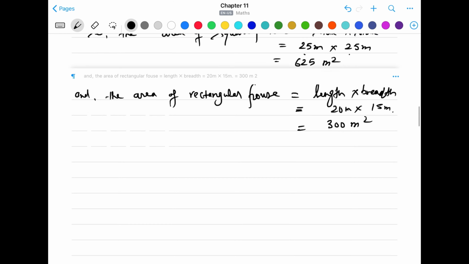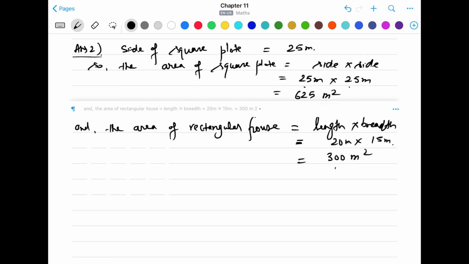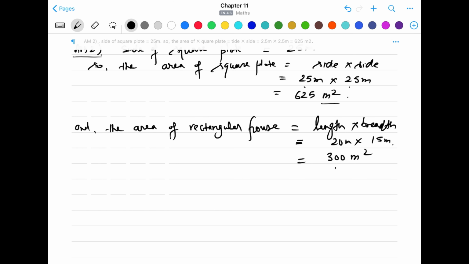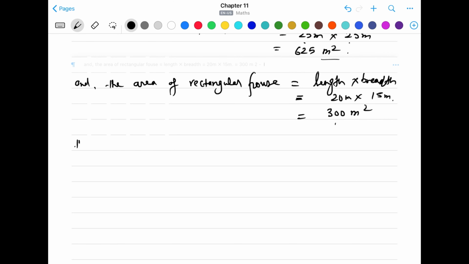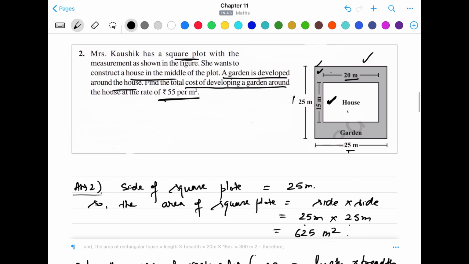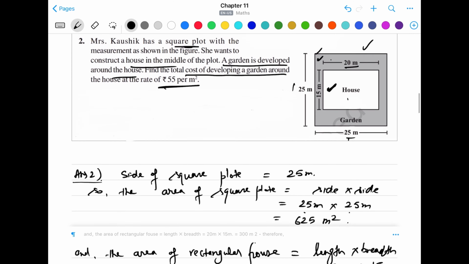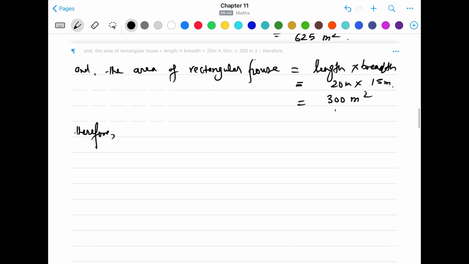By subtracting the area of the house from the area of the plot, we'll get the area of the garden field. Therefore, the area of the remaining portion, the garden area, will be equal to area of plot minus area of house.